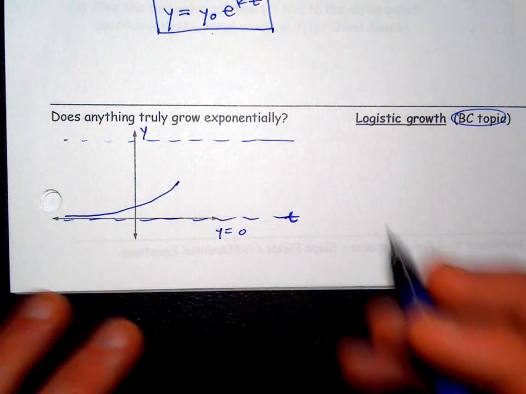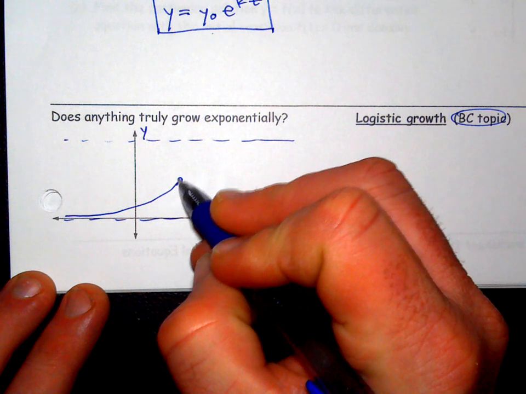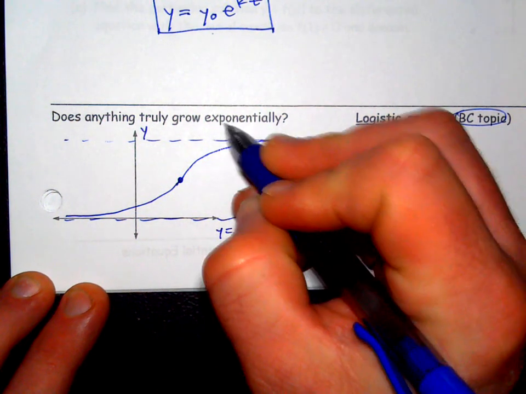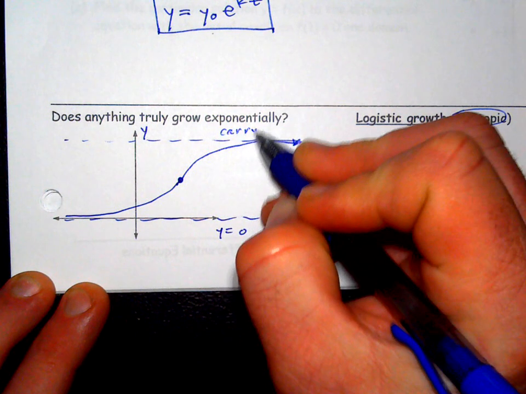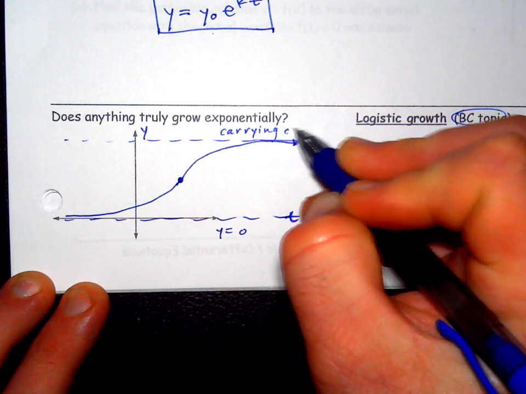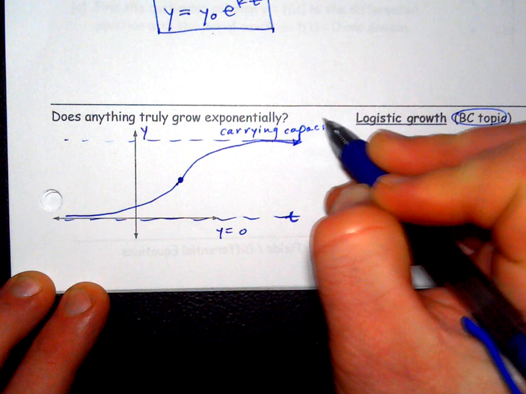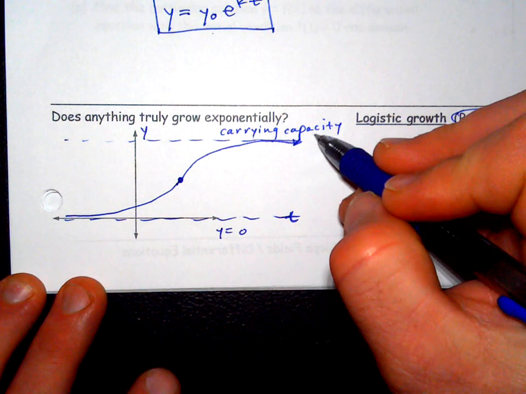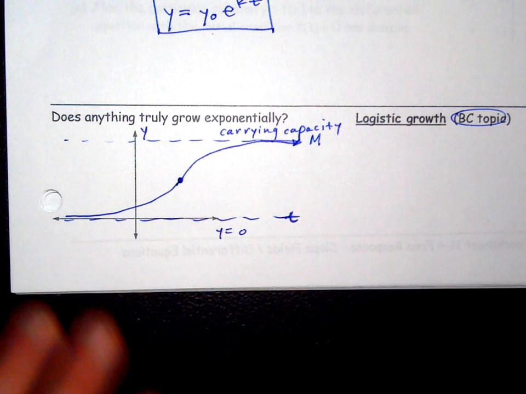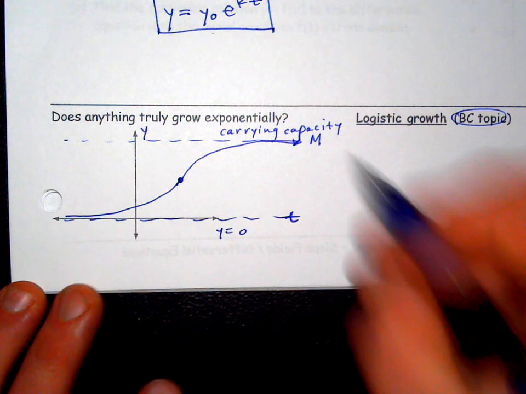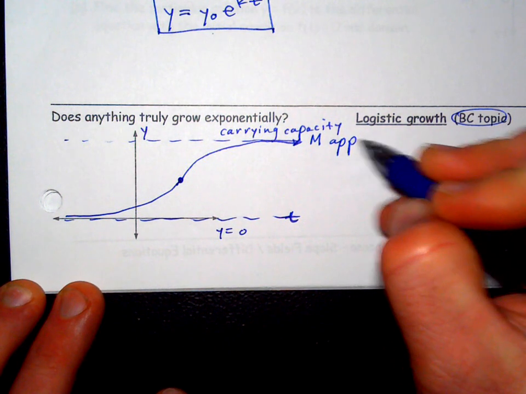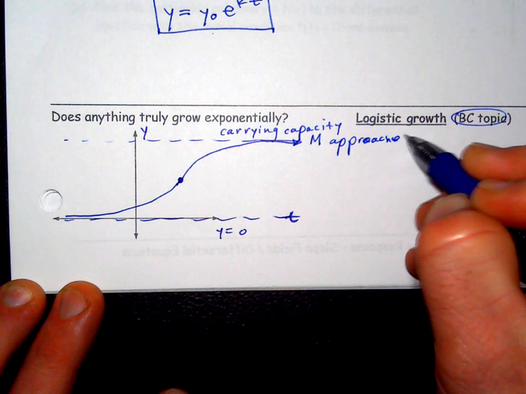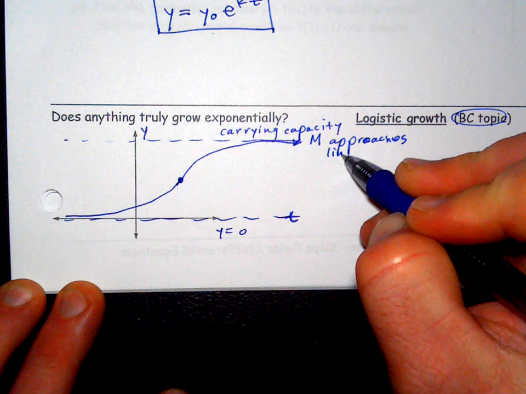So the growth actually starts to slow down, and it goes towards what we call the carrying capacity, which is a term I think you guys have seen in other classes. And in Calc BC, we use capital M for the carrying capacity. So what happens is it approaches this limit.